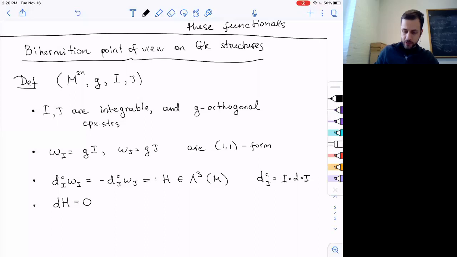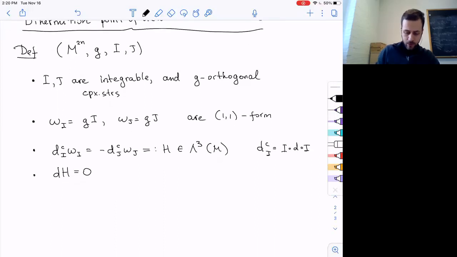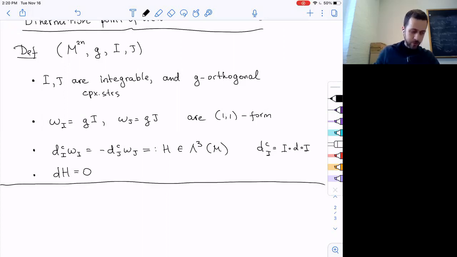All right, so that's the setting which we'll be working with. And maybe let me give a couple of consequences of this formulation. Once you have this data, you can always cook up two symplectic forms, F plus and F minus. F plus is minus twice G (I plus J) inverse, and F minus is the same thing where you take the difference of complex structures.